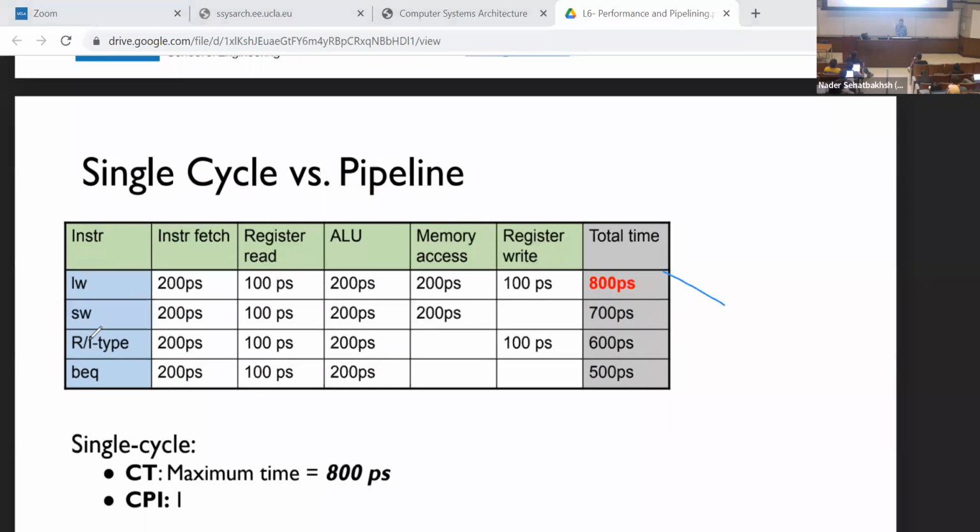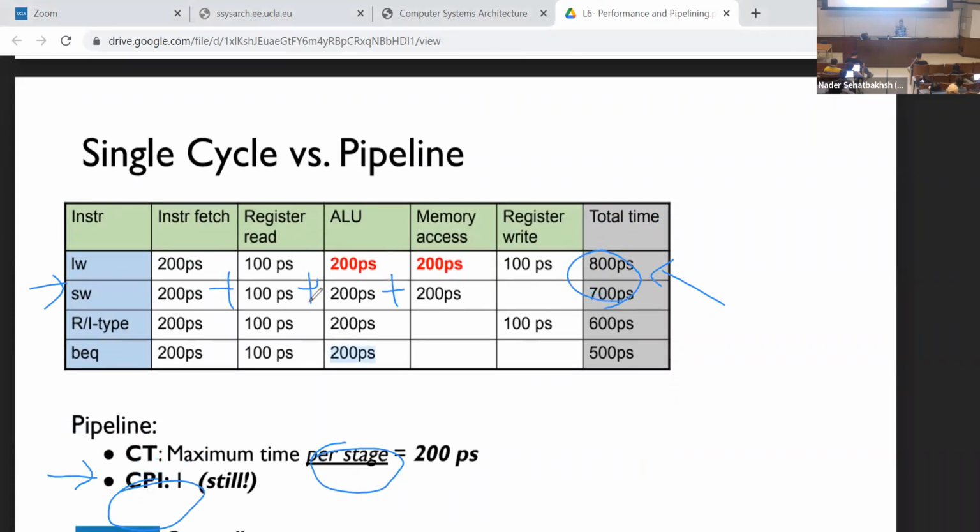That takes 800 picoseconds just by adding these numbers together. For the others, it is less than 800 picoseconds because we don't need to do all of those things. In other words, our CT in single cycle would be 800 picoseconds, and our CPI would be equal to 1, right? So that's what we know so far.